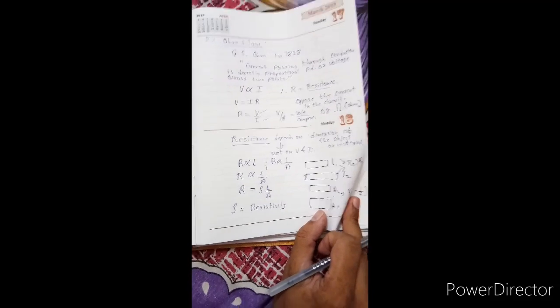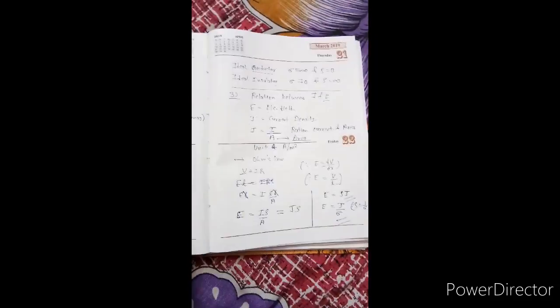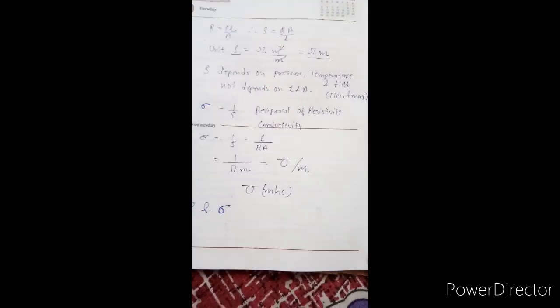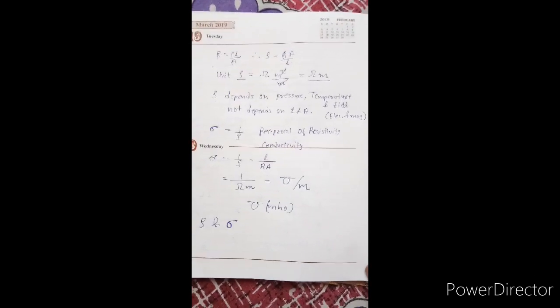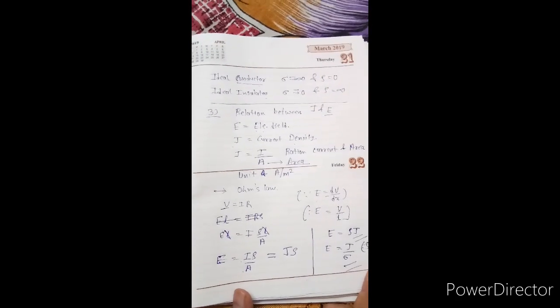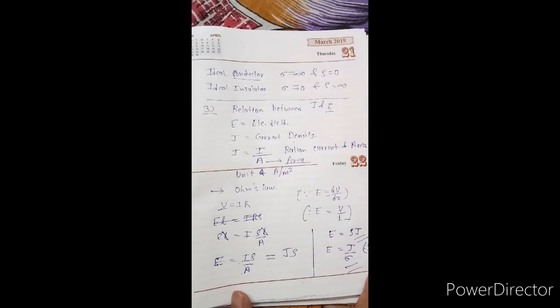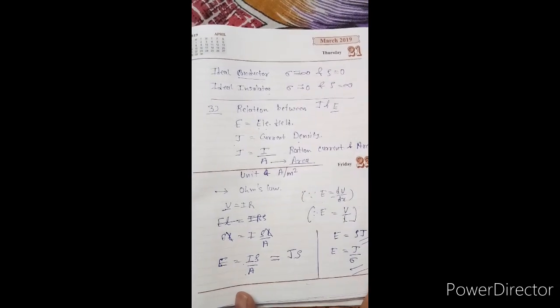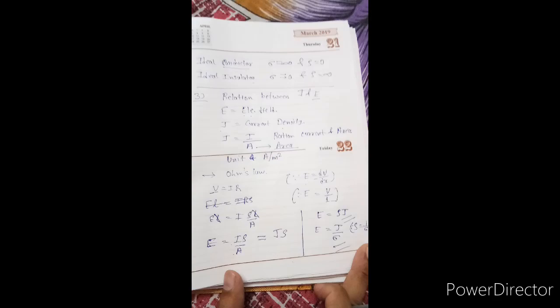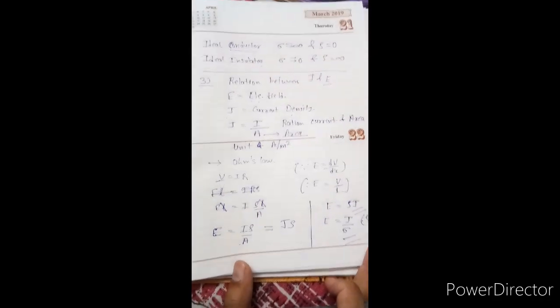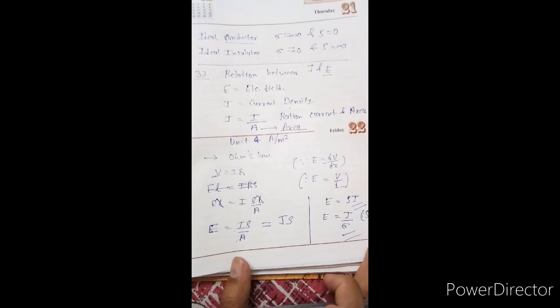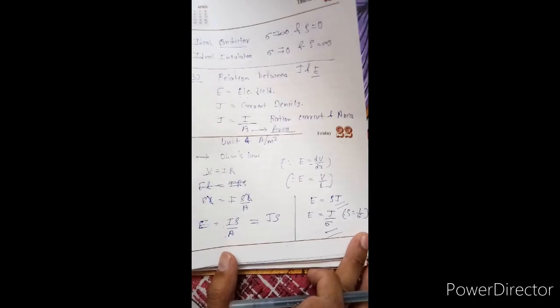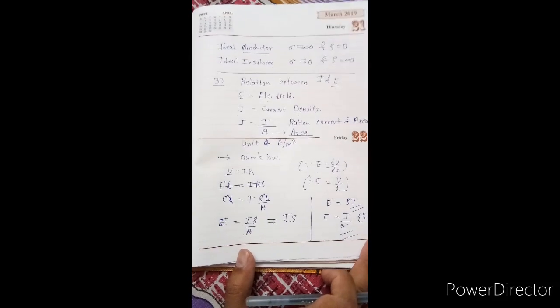Then from the formula, what is resistivity, which quantities resistivity depends on, what is conductivity, what are the units of rho and sigma. Then you can tell whether materials are conductor or insulator from sigma and rho. Then you learned the relation between J and E, current density and electric field. Okay, so till now I am stopping.